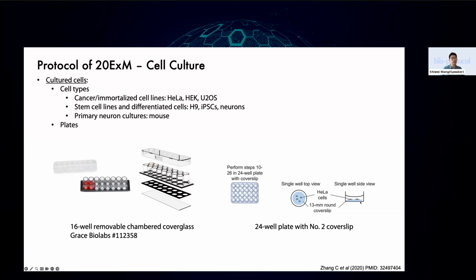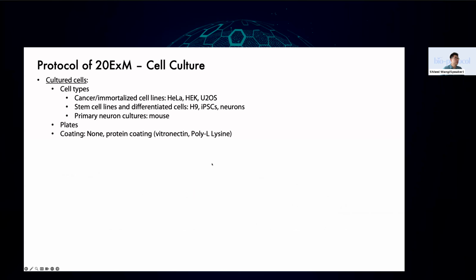And when you're ready for expansion, you can simply take out the cover slip and perform expansion on top of the glass cover slip. And one note is that I recommend using thicker cover slips, such as number 2, and that makes the downstream steps easier, which I'll explain later. And finally, with coating, we typically don't use any coating, or we use protein-based coating, such as vitronectin for stem cells or polylysine.